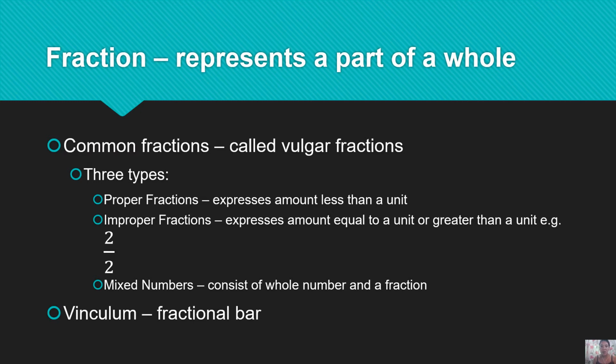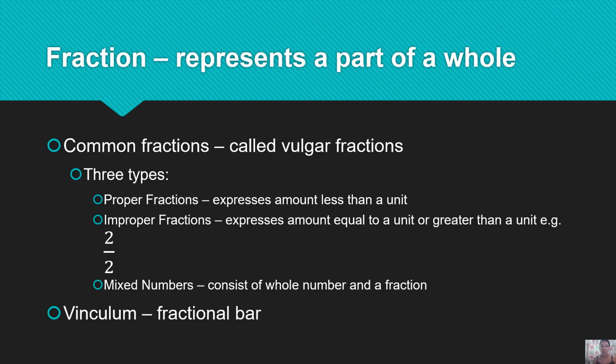An example of an improper fraction is 2 over 2. This is a fraction which expresses an amount equal to a unit, or 1 unit. Another example is 3 over 2. An improper fraction can be equal to a unit or it can be greater than a unit.